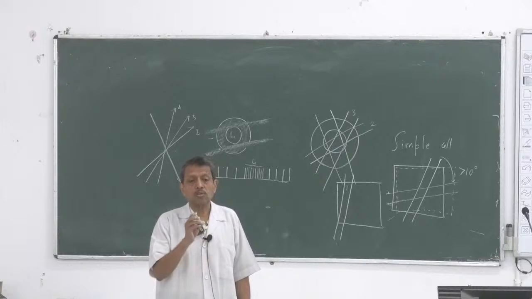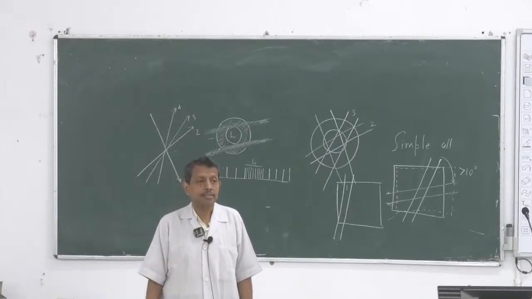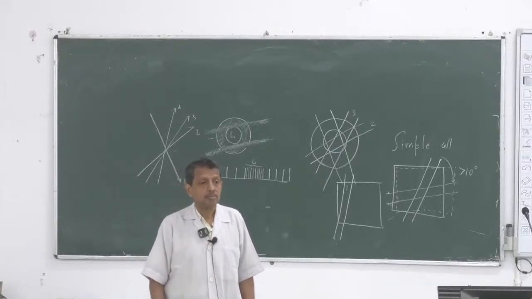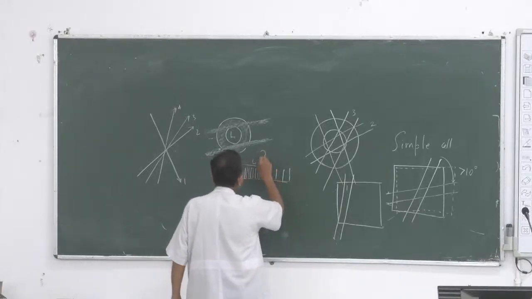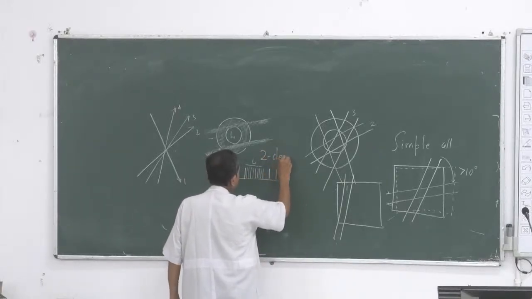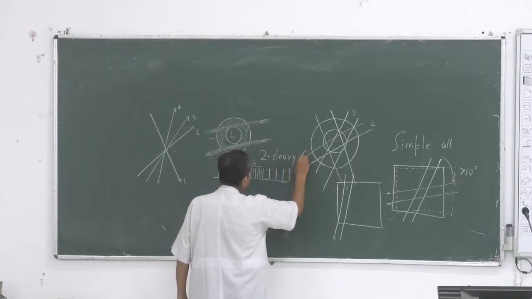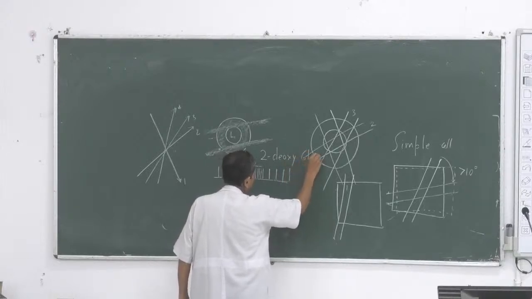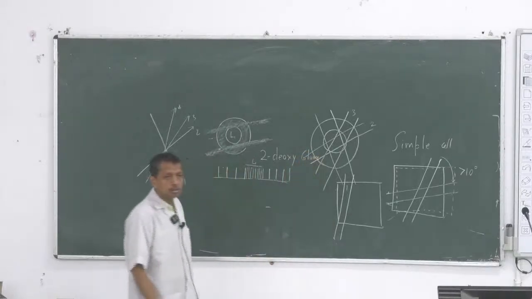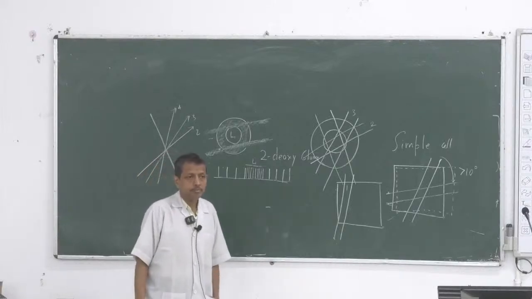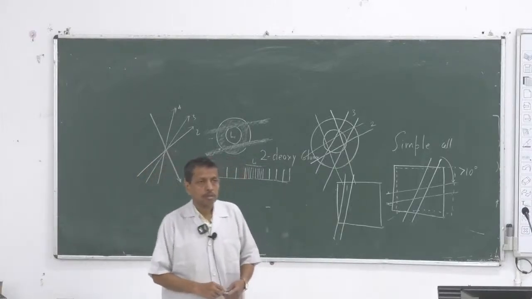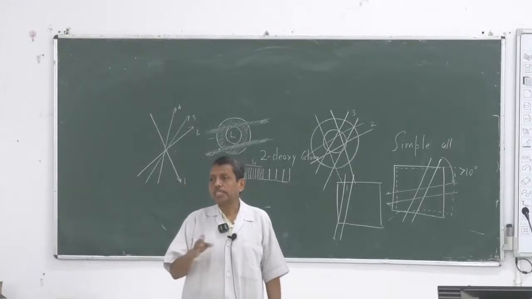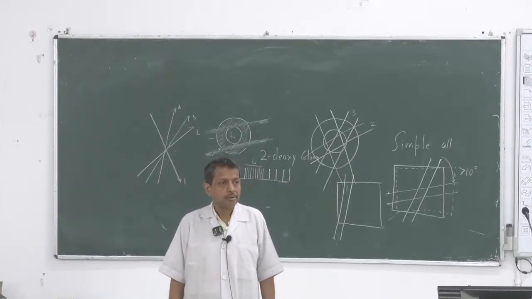And these orientation columns can be detected by 2-deoxyglucose, with radioactivity, by sophisticated techniques.